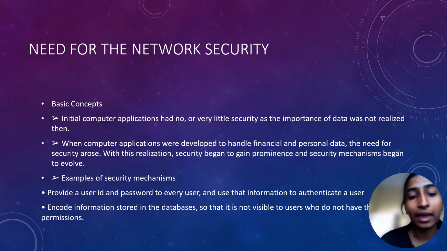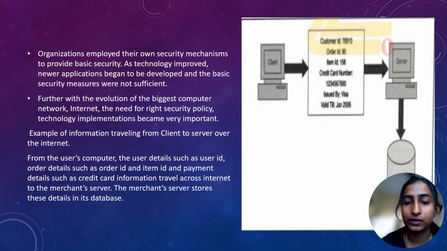Examples of security mechanisms: providing a user ID and password to every user and using that information to authenticate the user, protecting the data from attackers. Encoding information stored in databases so that it is not visible to users who don't have permission. Next, organizations employed their own security mechanisms to provide basic security.